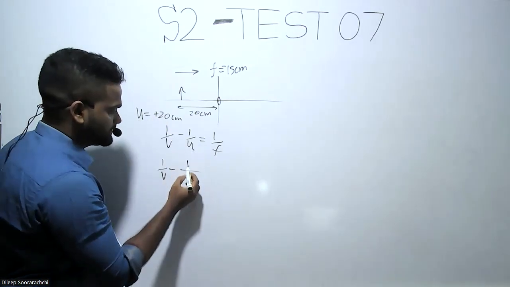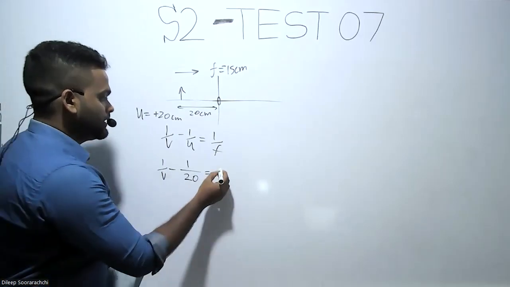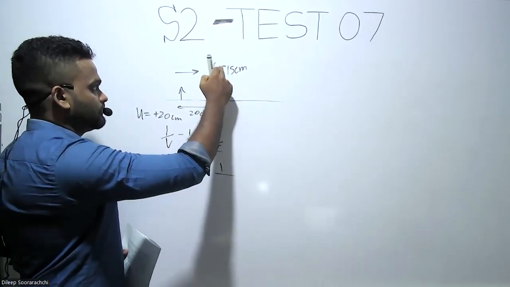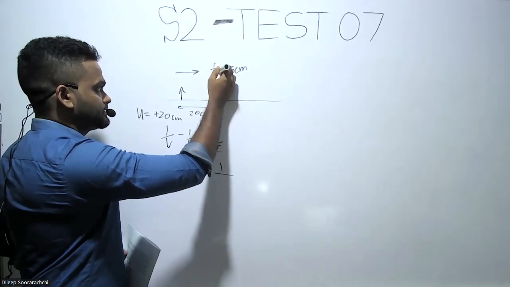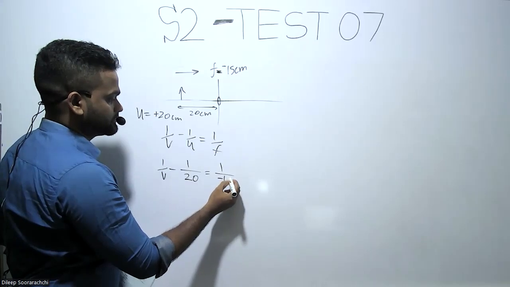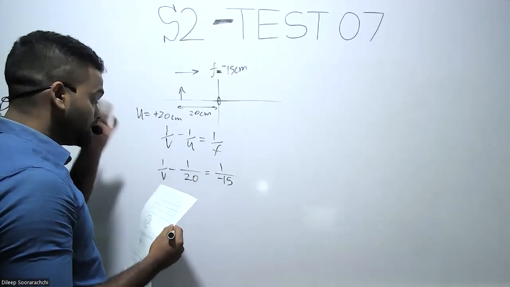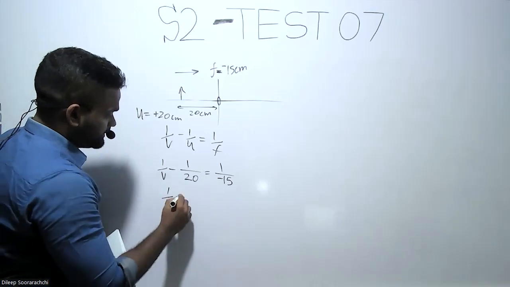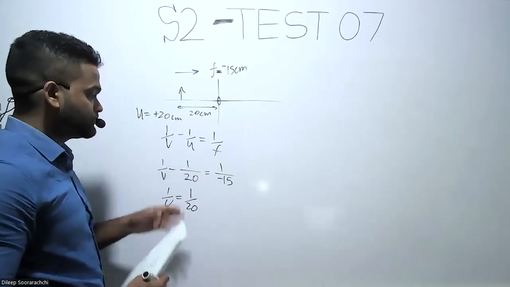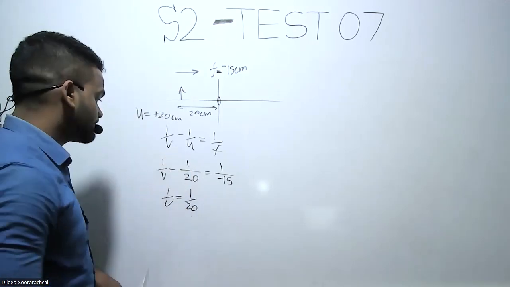So just substitute that plus value here. 1/v minus 1/20 equals 1/f. Focal length of a convex lens is negative, so I'll just put the minus value. Then we have to find v. Take to the other side. Now it is a normal calculation. Once you did the substitution, then it is a simple calculation.